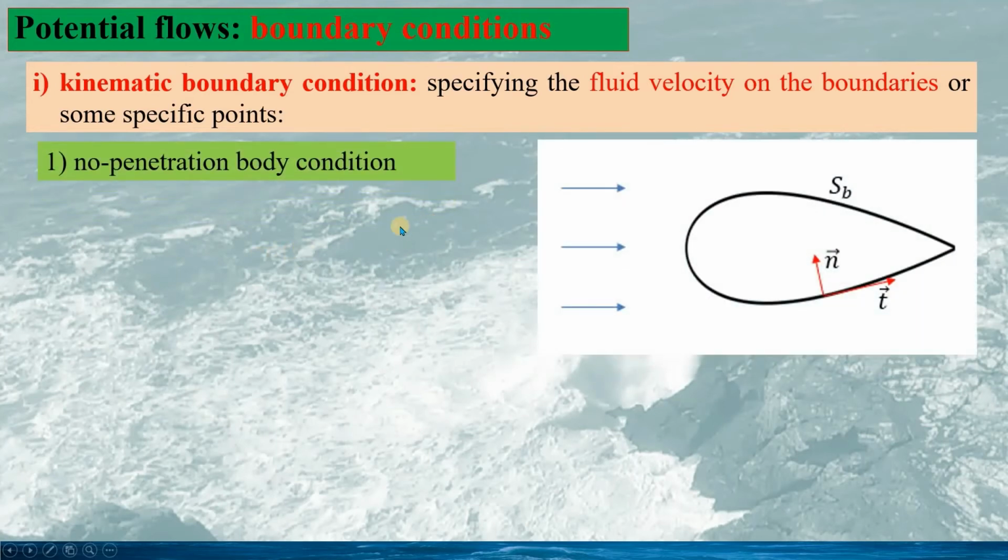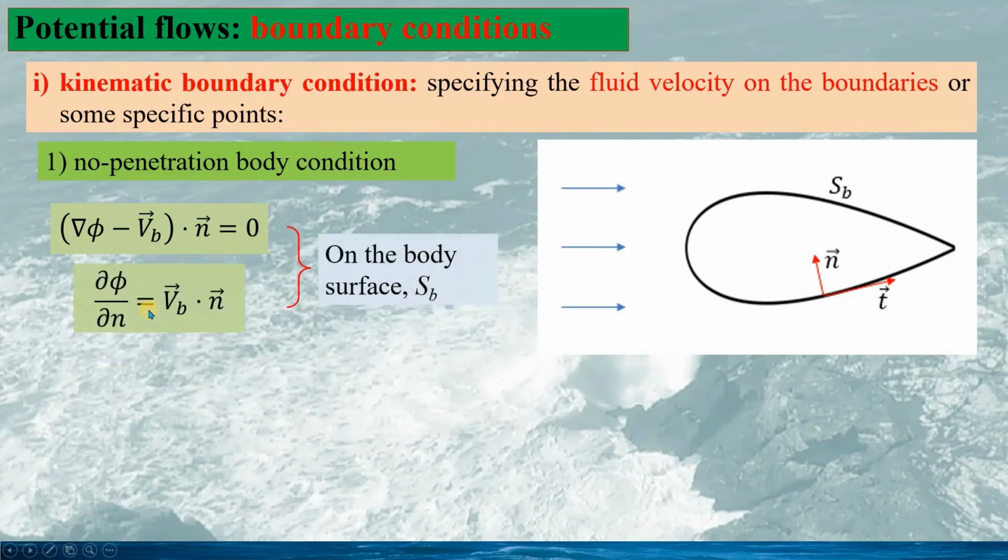The most used boundary condition is the no penetration body condition. The mathematical equation gives the boundary condition as this, or as this. This means the normal velocity on the boundary is the same as the normal velocity of the body motion.